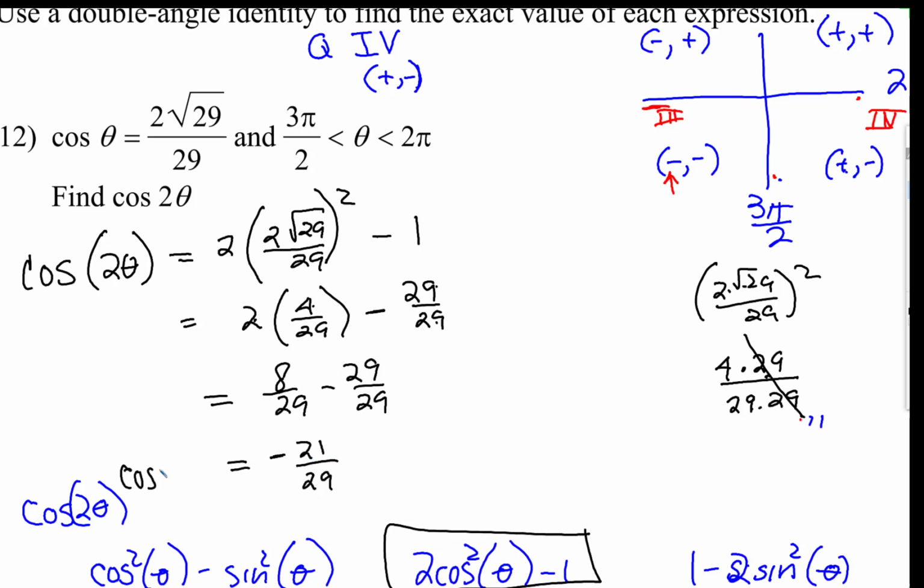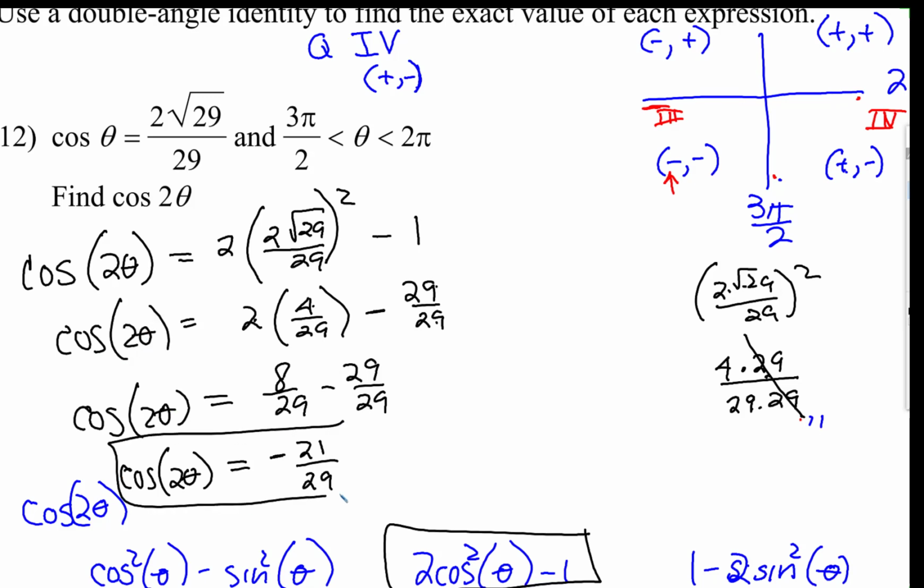And you really should be doing that the whole time. I'm just trying to save time. I know that's what you say too, but I need to see your understanding. So guess what? Because cosine's negative, we know that when you doubled this original angle in the fourth quadrant, that angle must have been around here, because when you doubled it, it ended up in the third quadrant where cosine is negative.